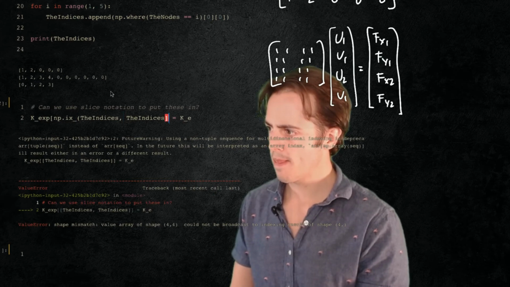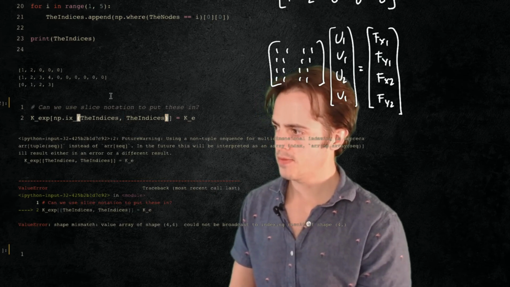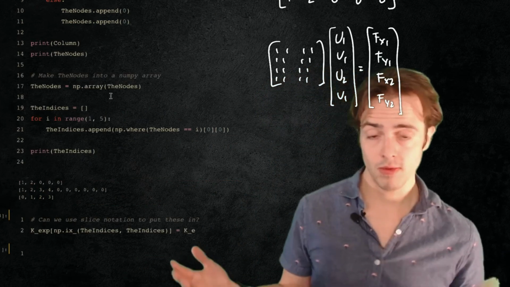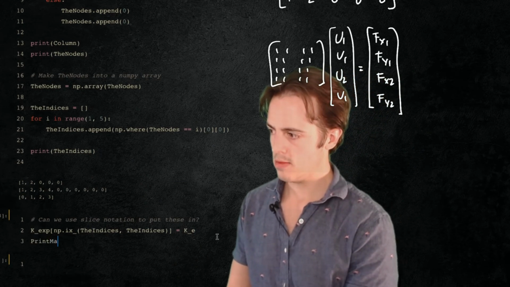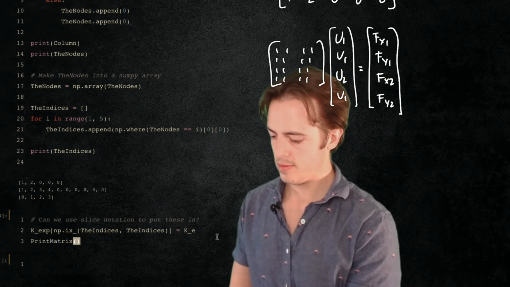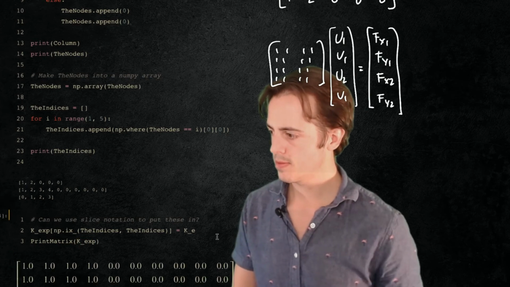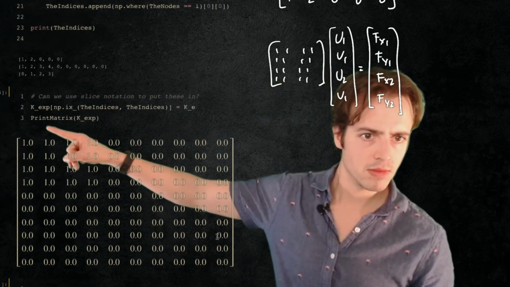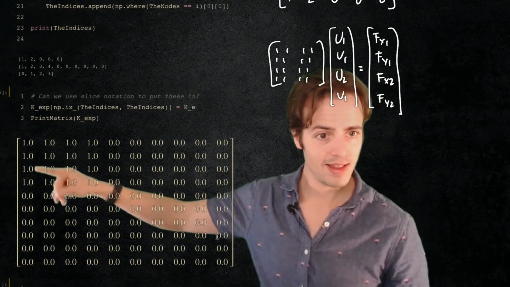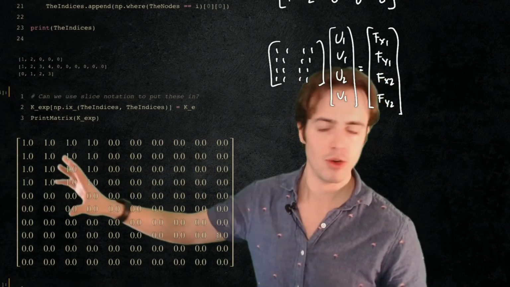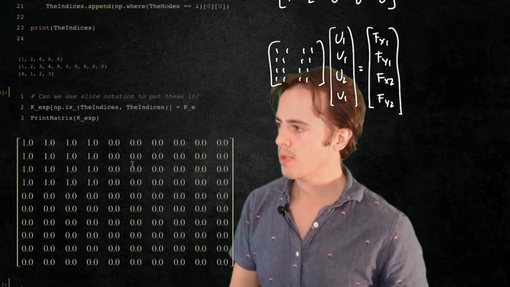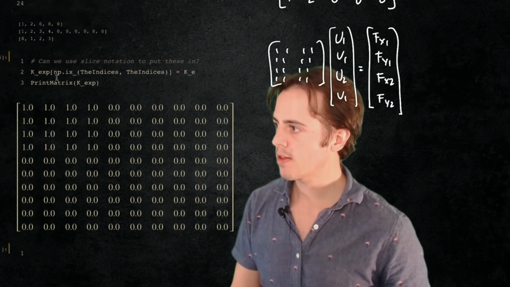If I run this, it seems to have done something. Let's do a print matrix K expanded. Here we go. I've put my things in the upper left-hand corner of this matrix. So let's just have a look at what this np.ix_ does.